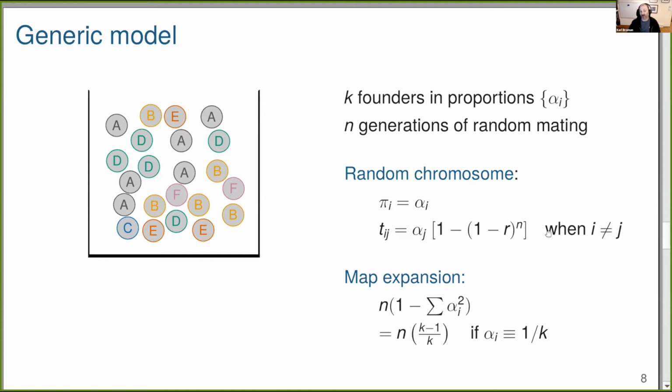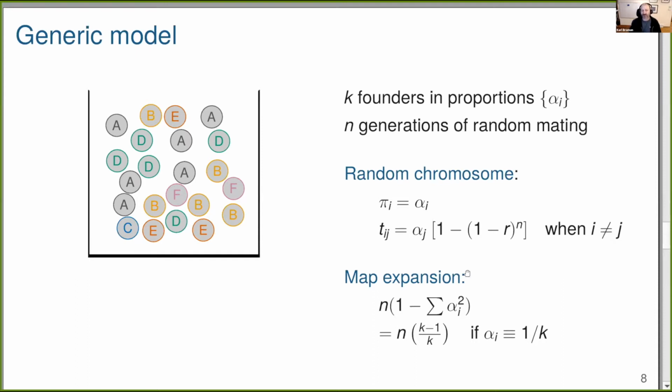We could just use these probabilities in place of the exact ones for different populations. You need to specify these founder proportions, which are probably known from the design, and you need to know the number of generations, or kind of effective number of generations, of random mating, which we could choose to match the map expansion, which we can calculate exactly.